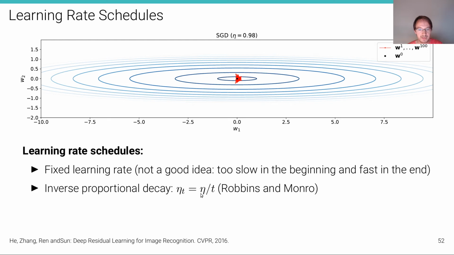So this multiplier to this decay still needs to be chosen manually. One can also apply exponential decay, where I have a hyperparameter alpha to the power of the number of iterations t, again multiplied with some fixed learning rate eta.